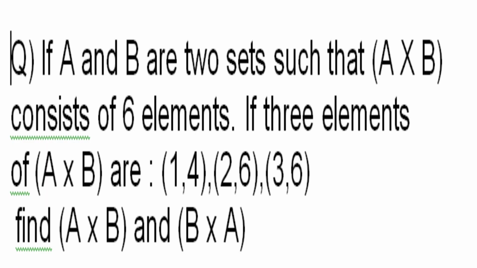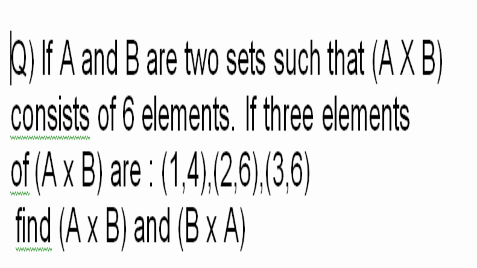The next question is, if A and B are two sets such that A into B consists of 6 elements, if 3 elements are (1, 4), (2, 6), (3, 6), then find A into B and B into A. So look at students, what is given?